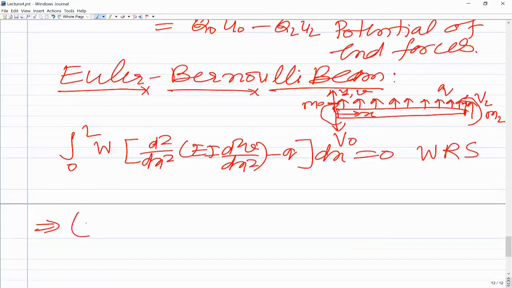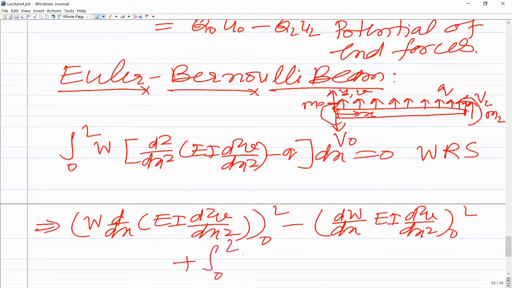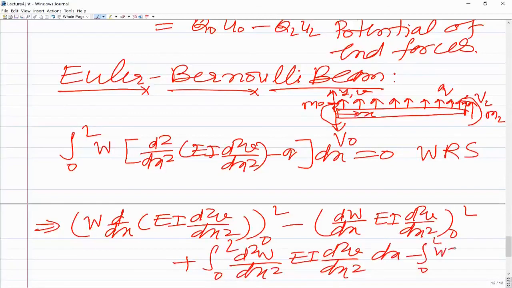So we know that w d by dx of EI d2v by dx square evaluated at 0 and L, minus, now I am directly writing after the two steps, dw by dx EI d2v by dx square evaluated at 0 and L, plus integral 0 to L d2w by dx square into EI into d2v by dx square dx, minus integral 0 to L wq dx equal to 0.